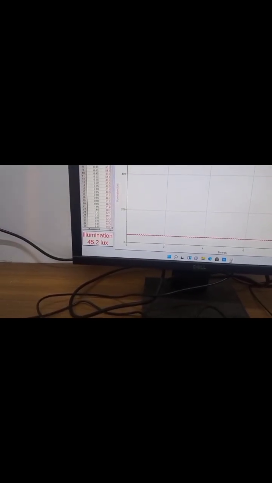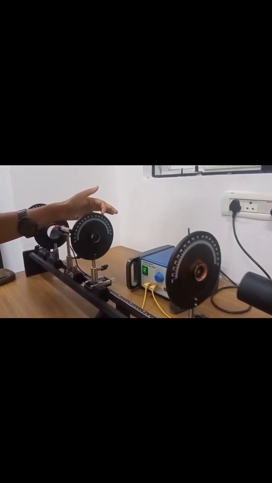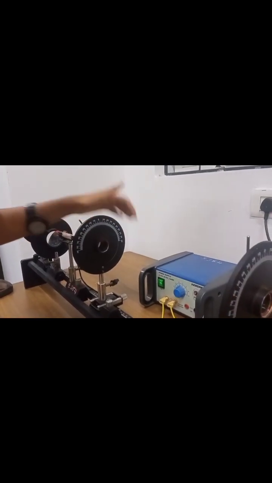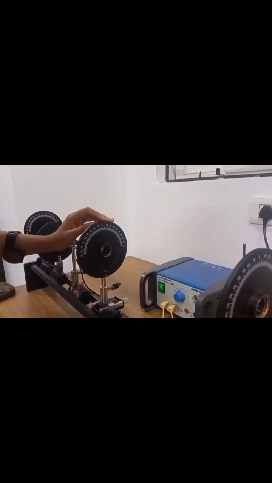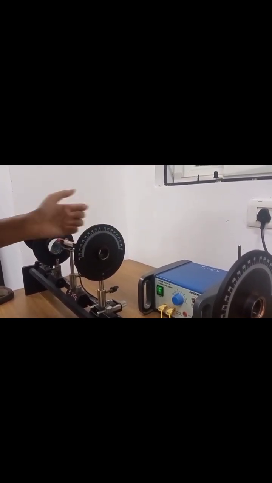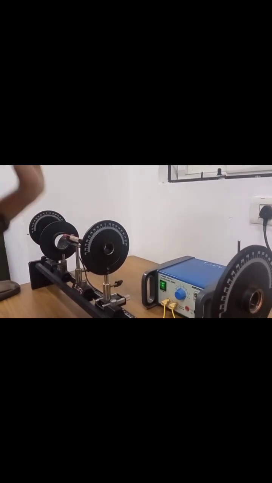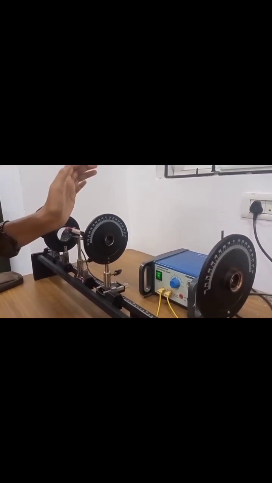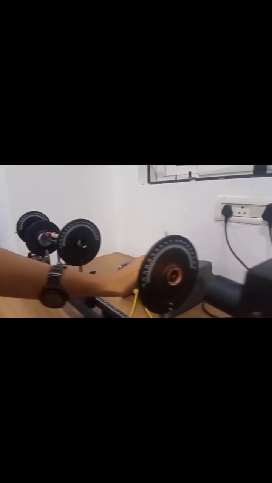Next we have to take the illumination reading for 0 degree, and next we do it for 30 degree, 60 degree, 90 degree. Here we are taking the right side as positive and this side as negative. You should make sure it is the same for all of the experiment.